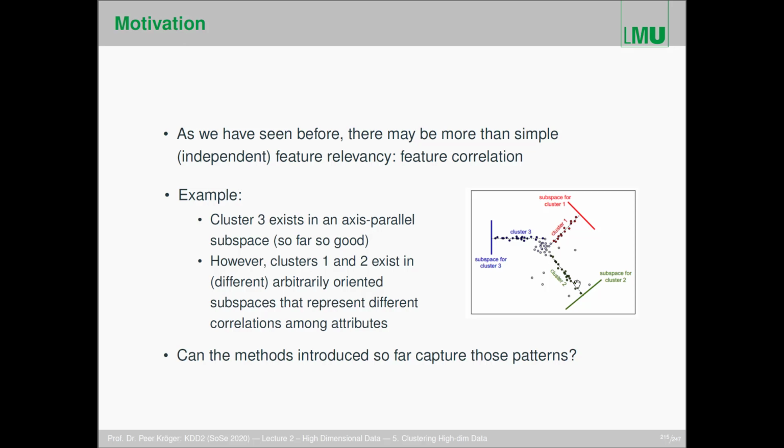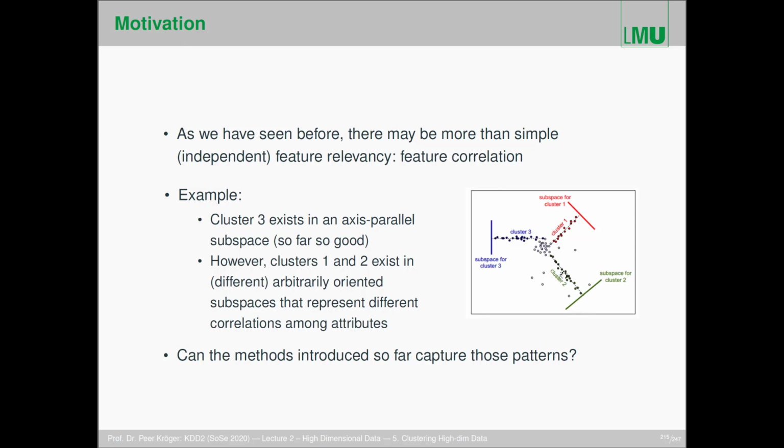But cluster 2 and cluster 1 are obviously subspace clusters in arbitrarily oriented subspaces. This red one here is the subspace where the points of cluster 1 are very similar to each other. So this is obviously an arbitrarily oriented projection or subspace, and the same holds true for the relevant subspace of cluster 2.